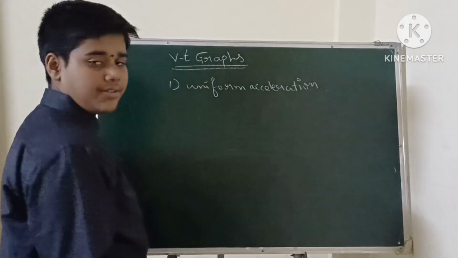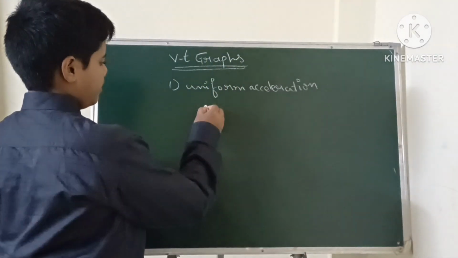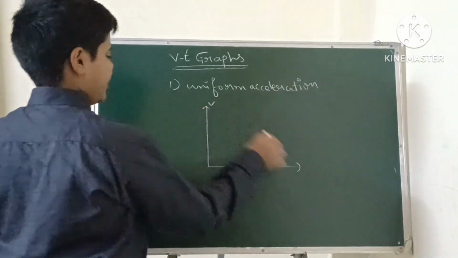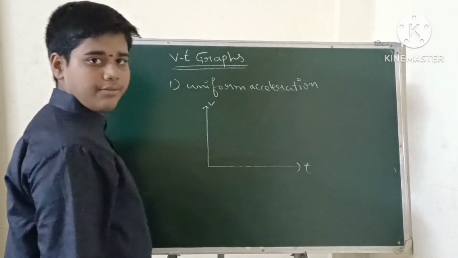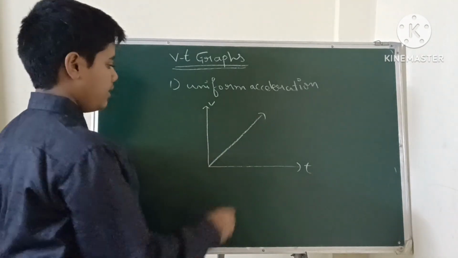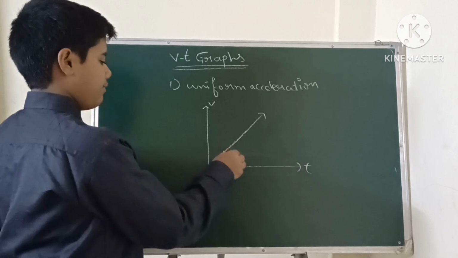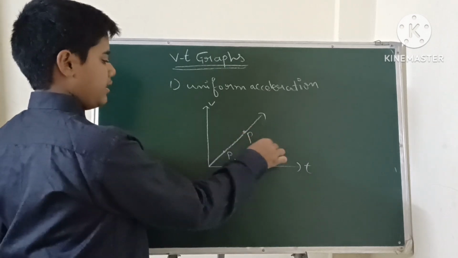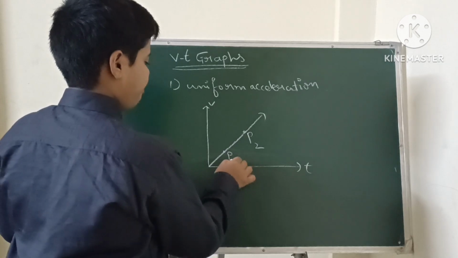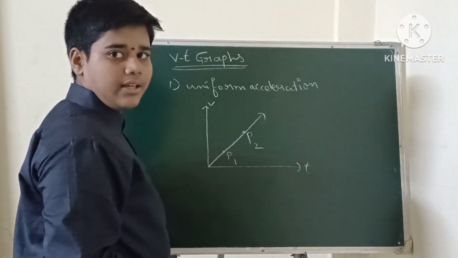So the first one is uniform acceleration, which means if I draw a VT graph like this, I am taking a slope or line like this. Here the slope from P1 to P2 is constant.